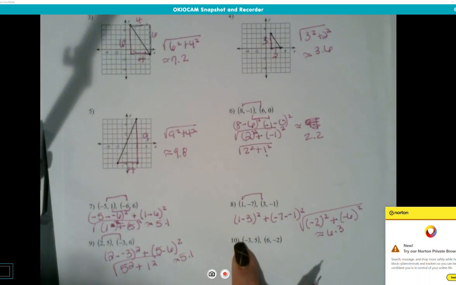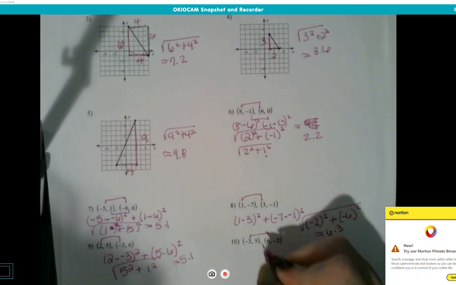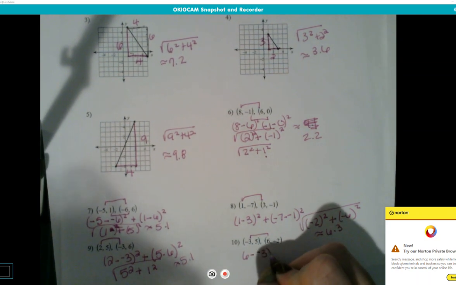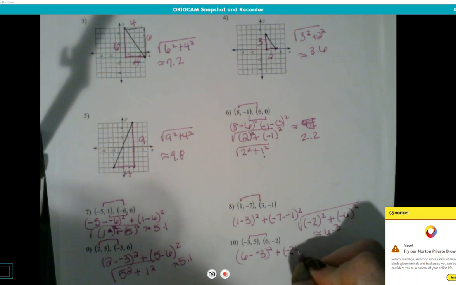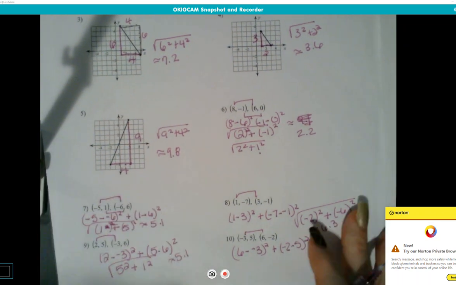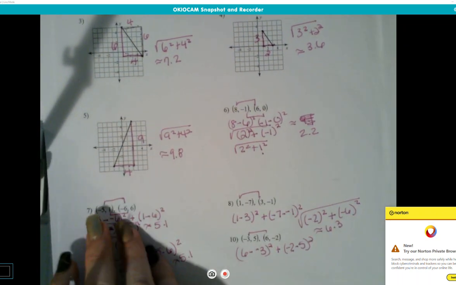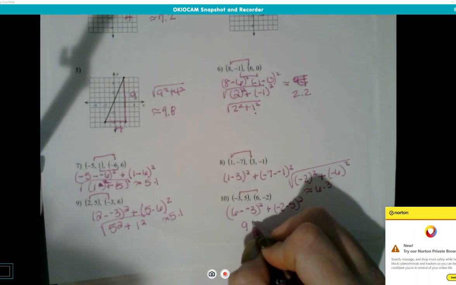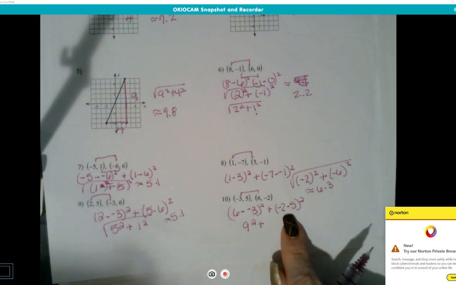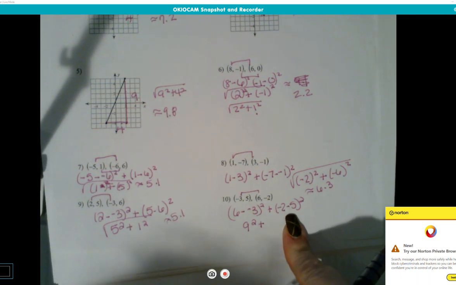So you don't have to go from this one to this one. You can go from this one to this one. So I can say 6 minus -3 and square it, plus -2 minus 5 and square it. Because it doesn't matter whether numbers are negative or positive. They both can be set up correctly. So when I type this in, I'm going to get 9 squared plus, when I type this in, I'm going to get -7.